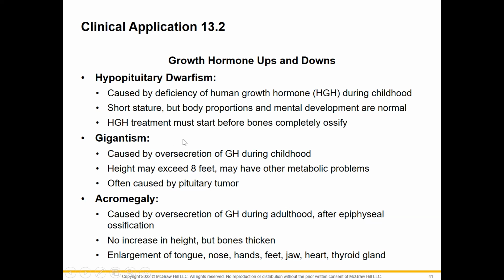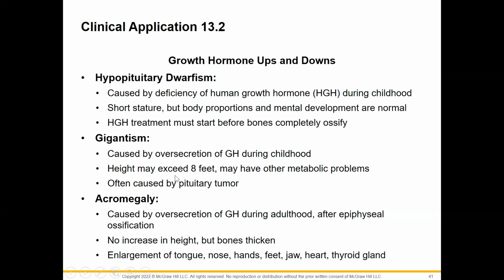Gigantism. Gigantism is caused by oversecretion of growth hormone during childhood. So again, growth plates are open, which means that if human growth hormone is being oversecreted by that person, then because their growth plates are still open, their bones are going to grow longer than the average person.